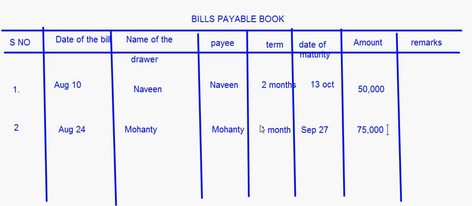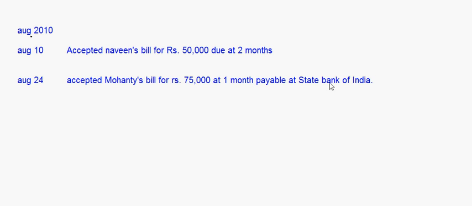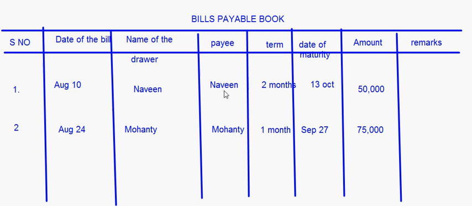Now there's one more thing in this which says it is payable at State Bank of India. We can include one more column after the date of maturity, before the amount column, where payable.